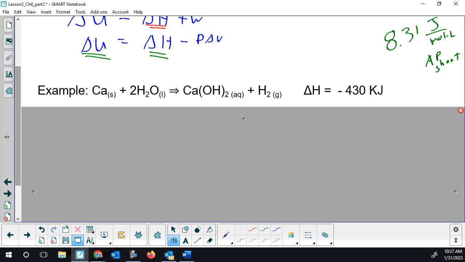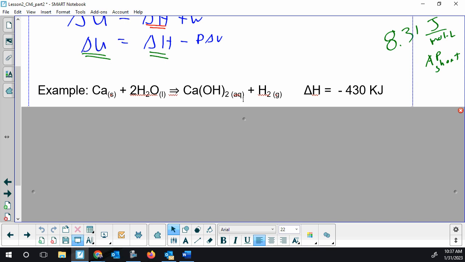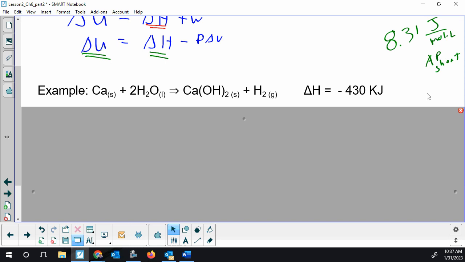Calcium metal can react with water, making calcium hydroxide. It is not very soluble. We'll just switch that to solid and you get hydrogen gas. There's only one gas produced. So this question's easier to do the change in volume because there'd be no volume of gas at the beginning and we just got to focus on the hydrogen at the end.